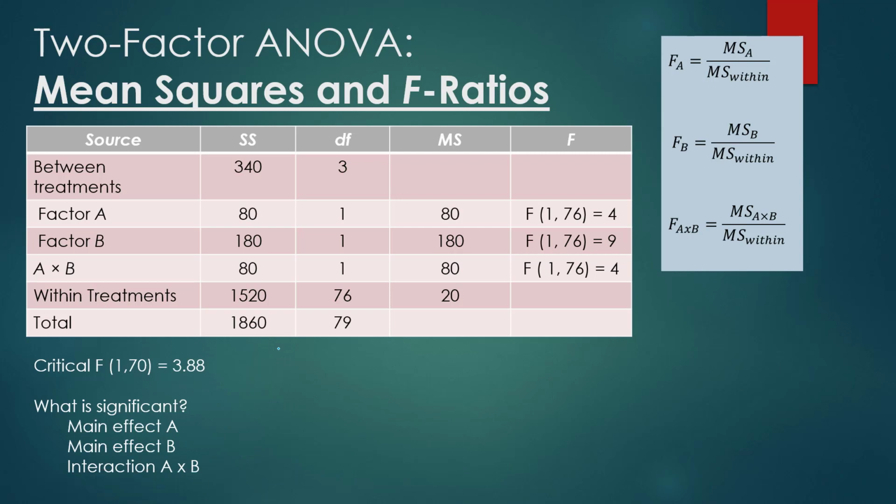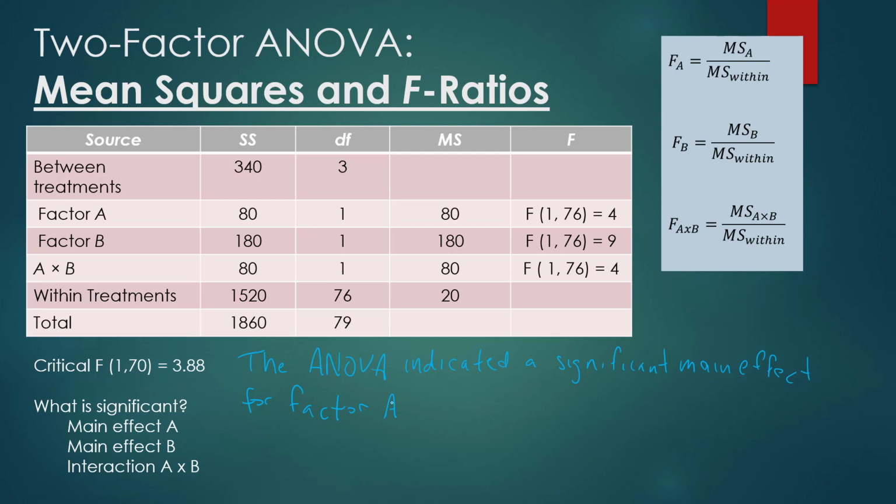So if we were to write this in the literature, we could write: the analysis of variance indicated a significant main effect for factor A. And most likely you know what the name of the condition was.